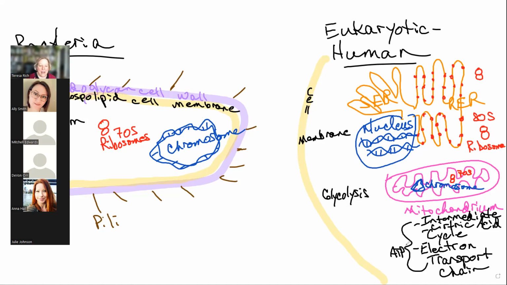Let me see if there's anything else. Oh, yep. We've got one more membranous structure in eukaryotic cells, just for the fun of it. Let's go ahead and do that one. There's one more membrane-bound structure. Tends to be close to the nucleus. Stuff that's made in the rough endoplasmic reticulum and the smooth endoplasmic reticulum comes over here.